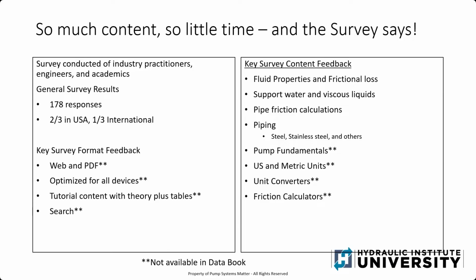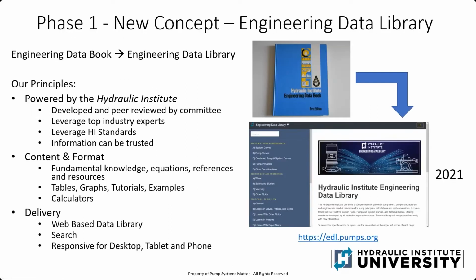So we strived to address these in phase 1 of our update, which was going from the engineering data book to the engineering data library. So in 2021, we published the free site edl.pumps.org, and it addressed a lot of those survey concerns.